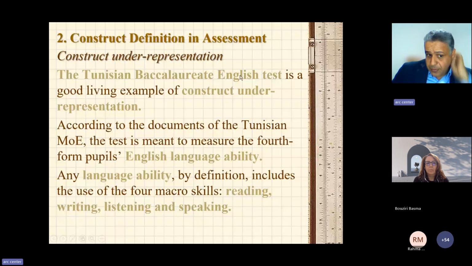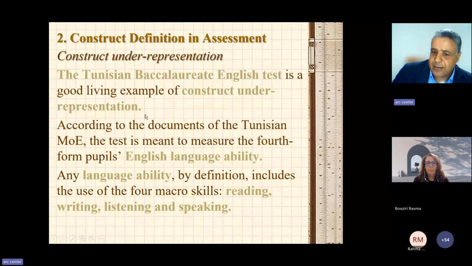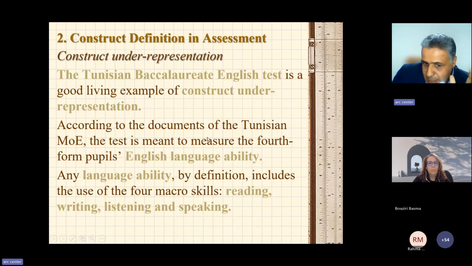If you look at the documents of the Tunisian Ministry of Education, it says that the Baccalaureate English test is meant to measure the fourth form pupils' English language ability. Any theoretical definition of language ability states that it should include the use of the four macro skills: reading, writing, listening, and speaking.